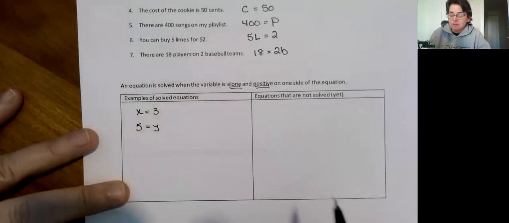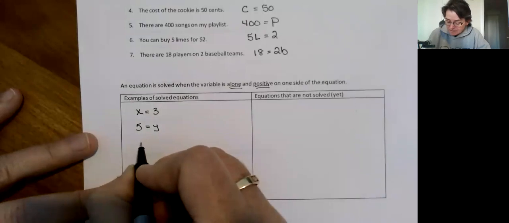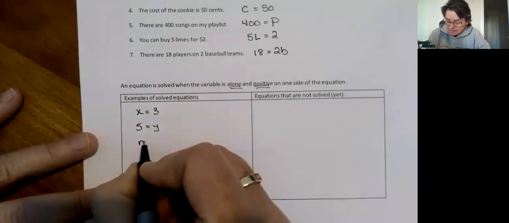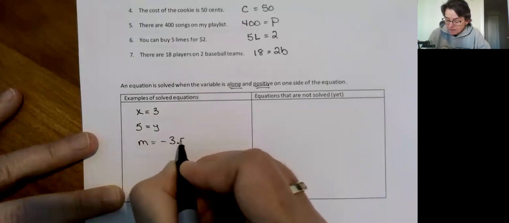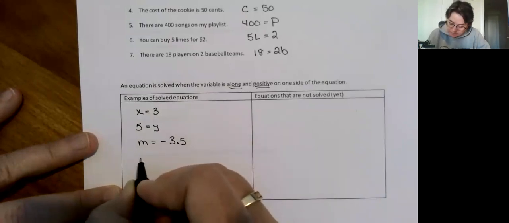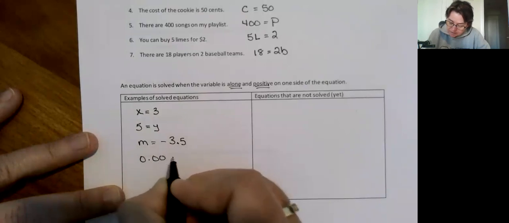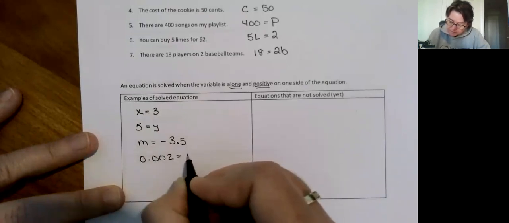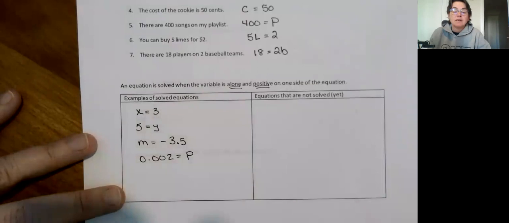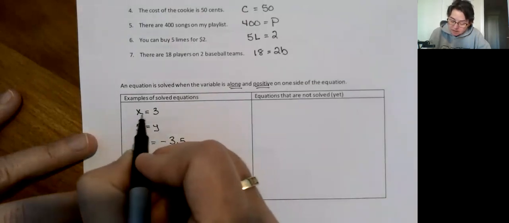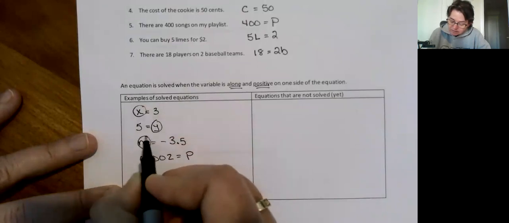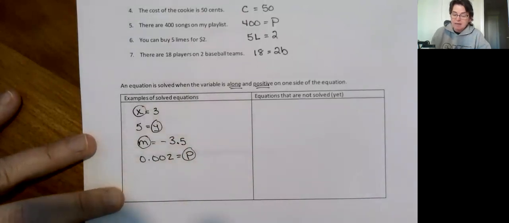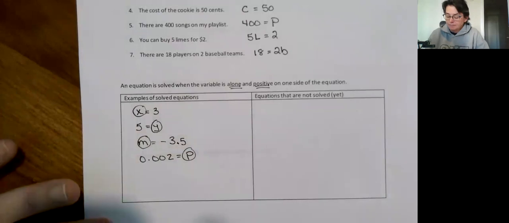I don't know how many different ways I can do this. M equals, ooh, it could be a negative number, it could be a decimal. I don't know, I'm just making this stuff up. But the key is you've got the letter all by itself, either on the left-hand side or the right-hand side, and everything else is on the other side.